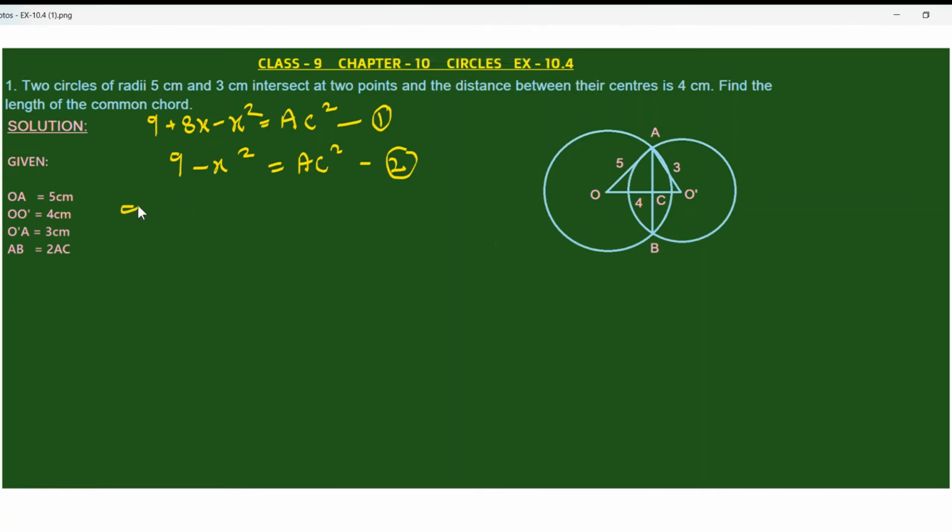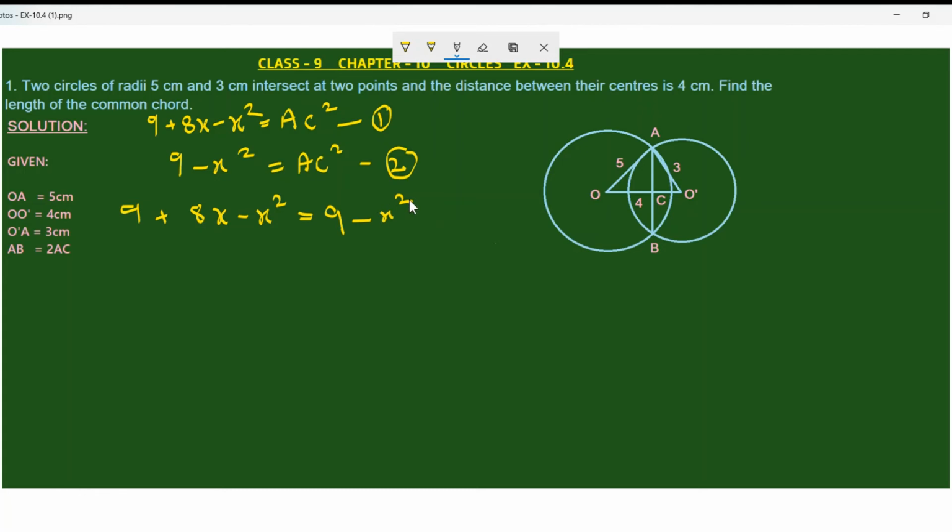So if we do that, we will get 9 plus 8x minus x square is equivalent to 9 minus x square. See, here minus x square, this is also minus x square. If this minus x square comes this side, it will be plus x square.